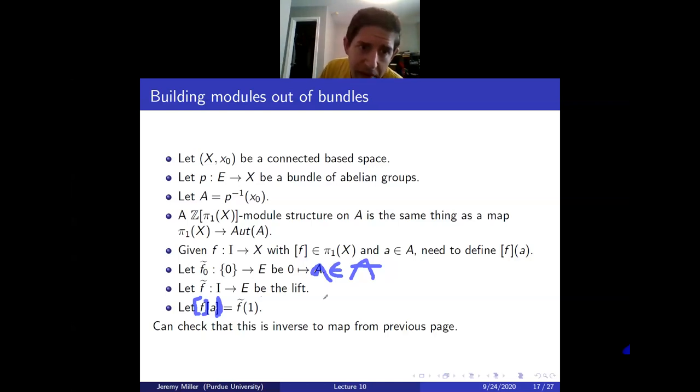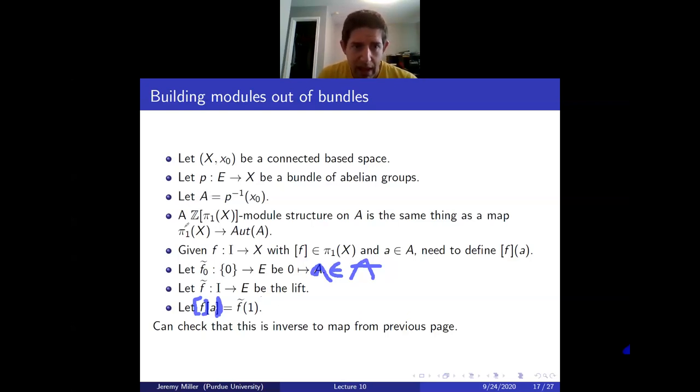So what am I saying? I'm saying we've got this bundle of abelian groups, and we look at the fiber. The fundamental group acts in a fiber-preserving way on any covering space. So it will act on the fiber, and that gives you your module.